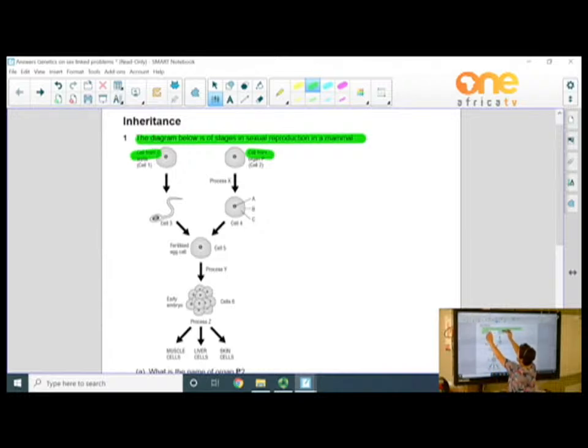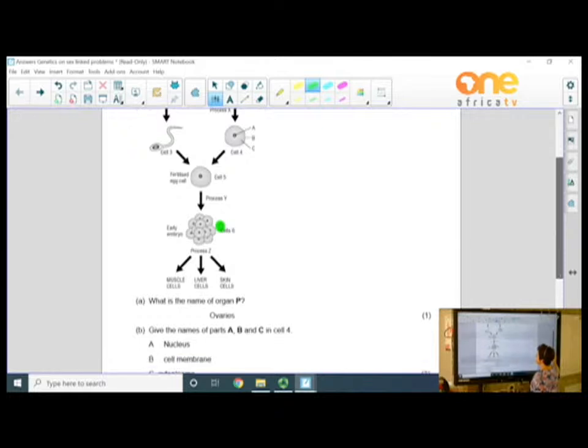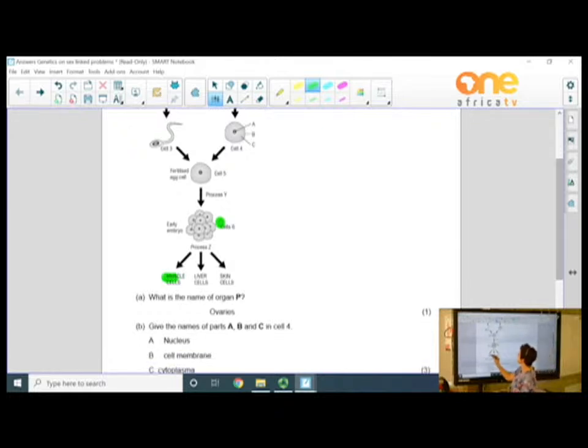They will go through a process, and then together they form a fertilized egg and a process, and now there's an embryo, and process Z will form lots of different types of cells. What is the name of organ P? Organ P, ovaries, because it was an egg cell or an ovum.